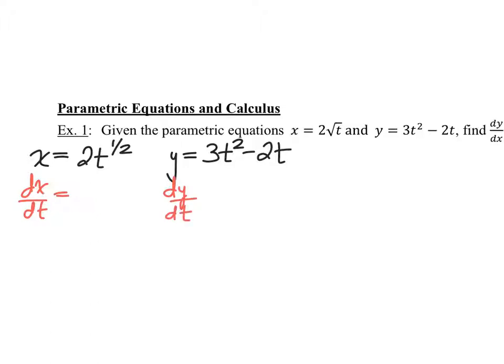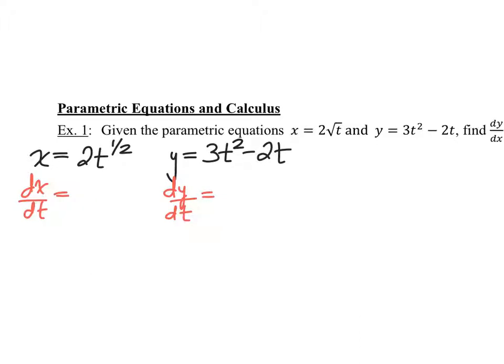I know some folks like to go with the prime notation for derivatives. I would caution against that, because we're going to be taking derivatives with respect to a variety of different variables. It's very easy to lose track of what you're differentiating with respect to. So the dx/dt, dy/dt notation is a better way to go.